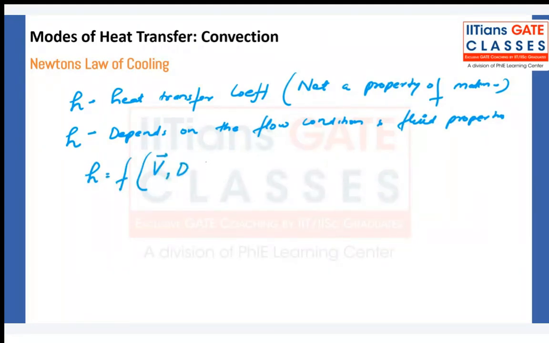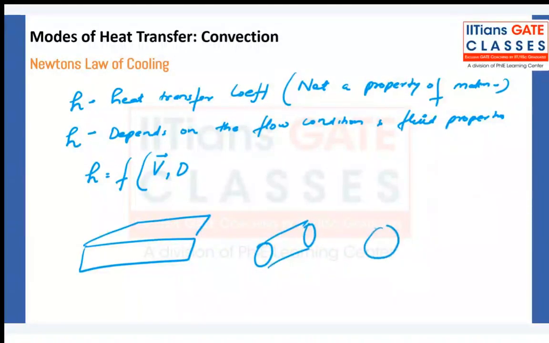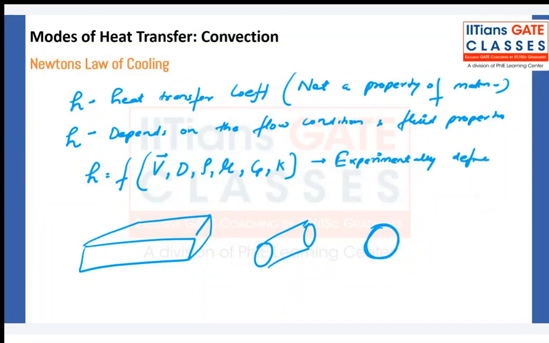If you have a rectangular body, a circular body, or a sphere like a ball, what is the orientation? Also the density of the fluid, viscosity, specific heat, and thermal conductivity of the fluid. It depends on so many parameters, so we have to define it experimentally. Is it clear?